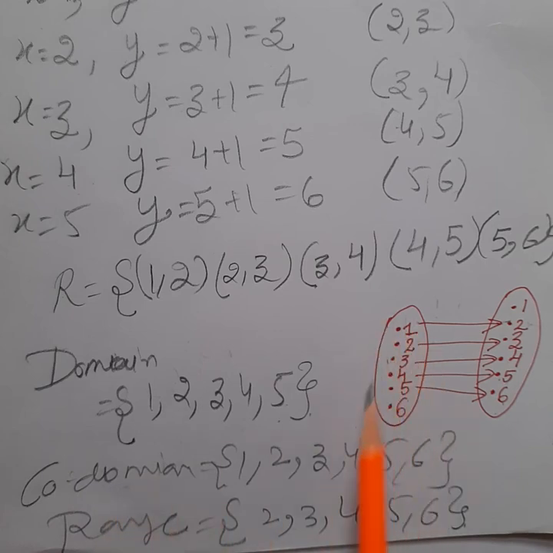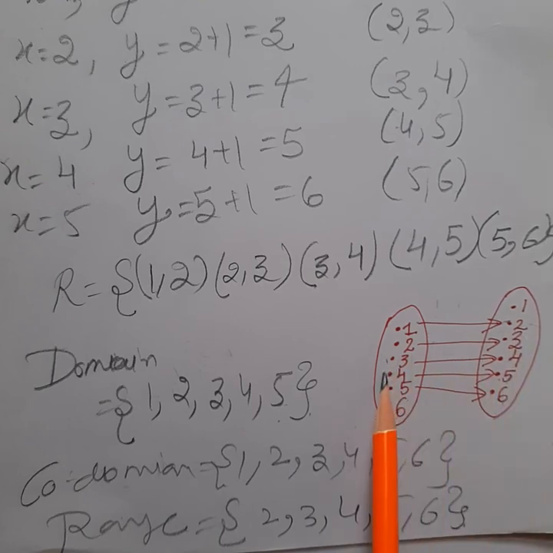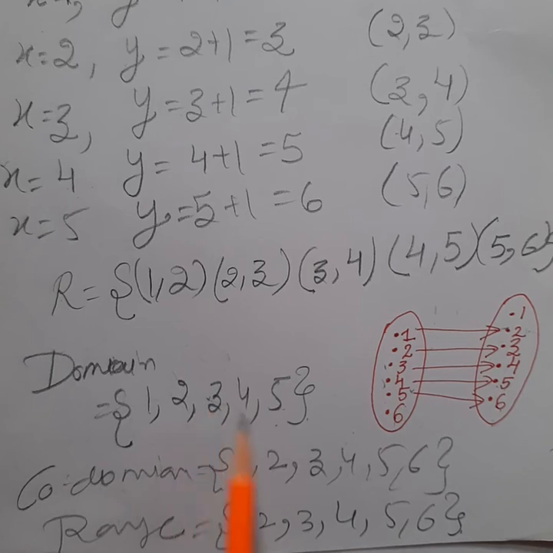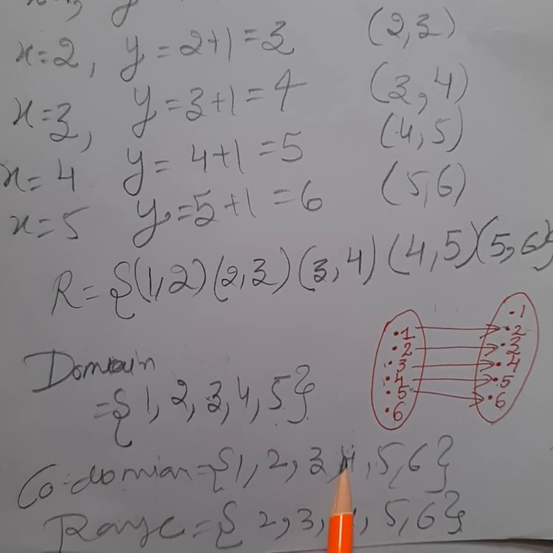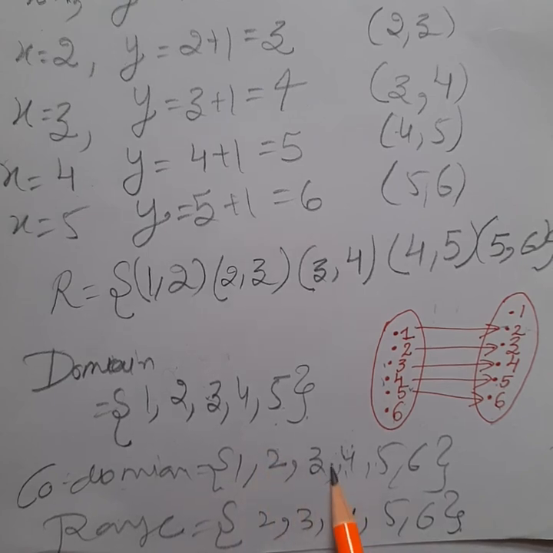The codomain is the set of all the elements, and the range is the set of related elements of the first set. So students, this is the domain, codomain and range of a relation. In my next videos we will discuss the domain, codomain and range in functions also, but today we discuss the relation topic.